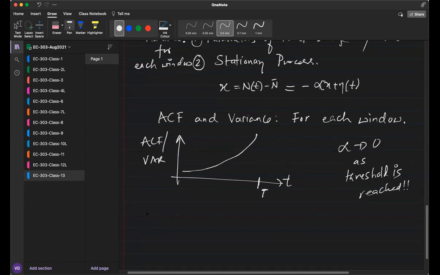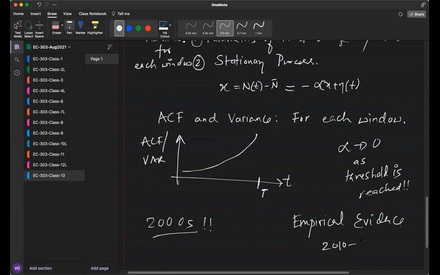Let me just tell you, much of this actually happened in the 2000s. You can say 2000 to 2010 is roughly when many of the theory papers on these ideas came up, and the empirical evidence for this came between 2010 and, you can say, ongoing.